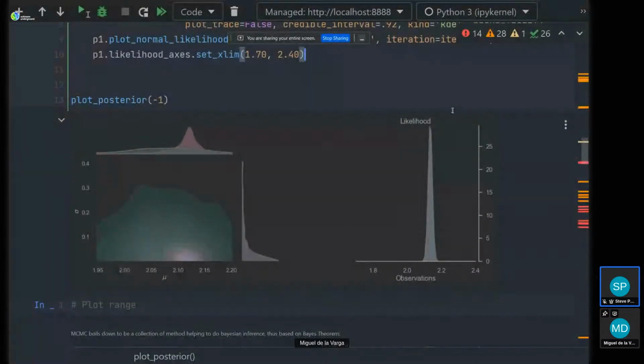So here is the plot at the right. The mean of the curve here is defined by samples of the y-axis. So yes.